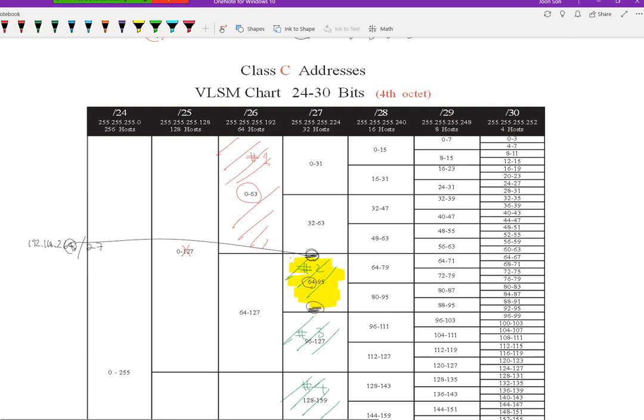And then the broadcast address is 192.168.2, and 1 less than 96, which is 95, and then /27. And then last usable is 192.168.2.94/27. And then first usable host IP address is 192.168.2.65. Okay, so that's how you should solve this problem.